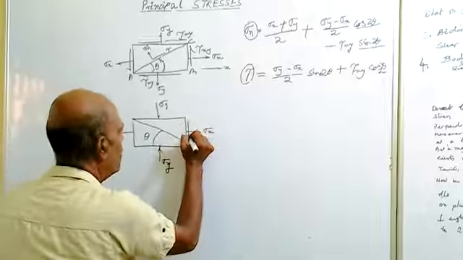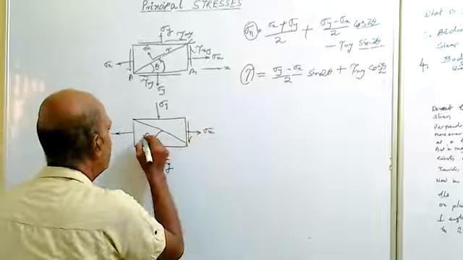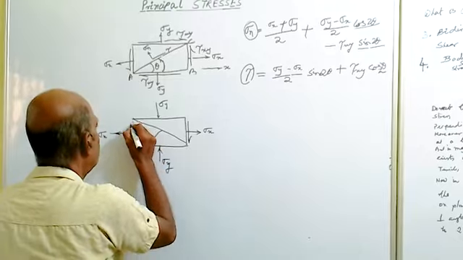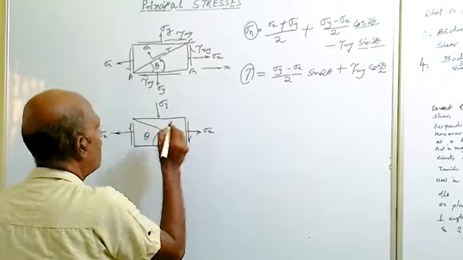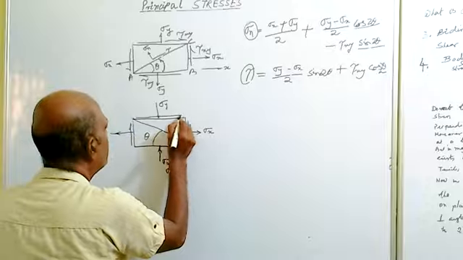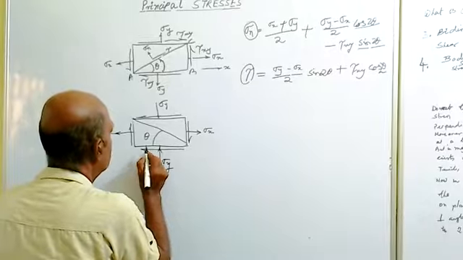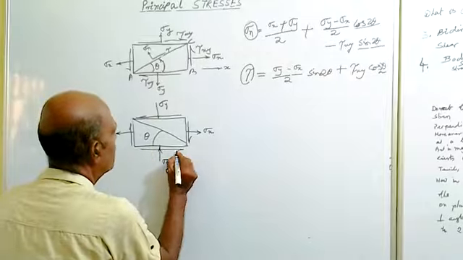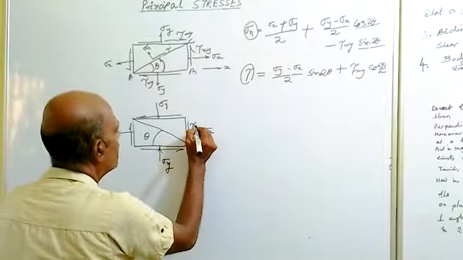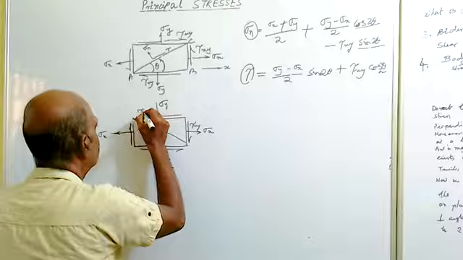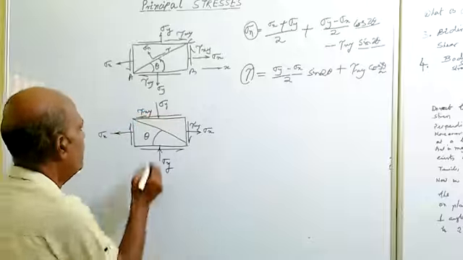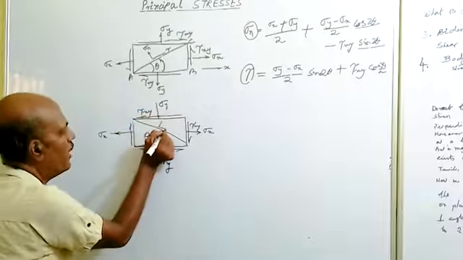Also the shear stress acting on the x face is clockwise, and on the y face it is anti-clockwise. That is tau xy. Now for this case, what should be the sigma n and tau value?